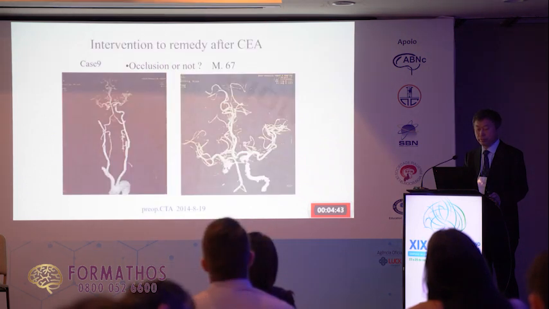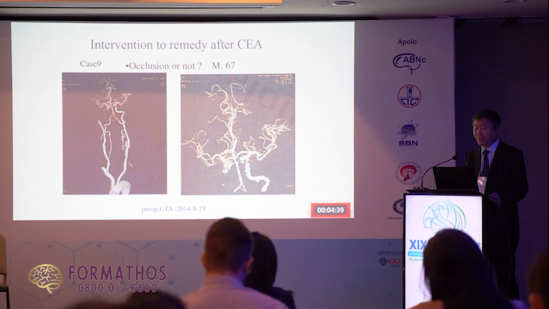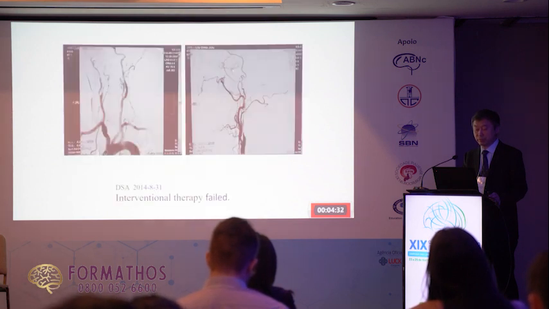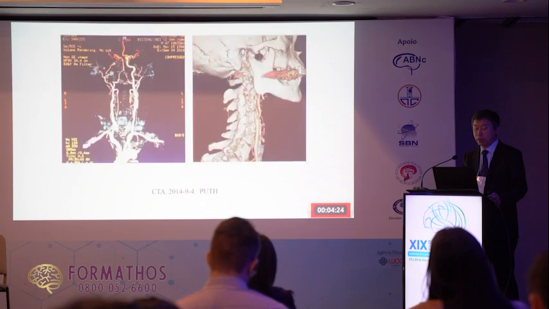And in this case, the patient underwent interventional therapy in another hospital when the right SA was found occluded. But the revascularization failed. The neurosurgeon at the hospital referred the patient to me.